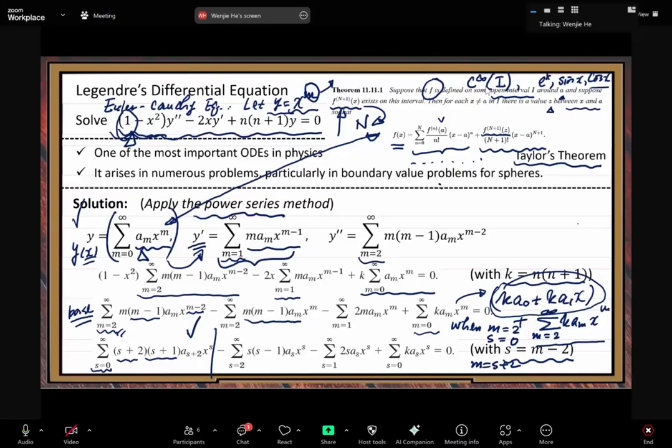When m equals 2, oh, sorry, no zero. Let me just try it.